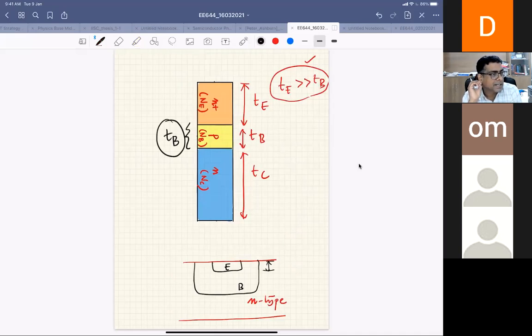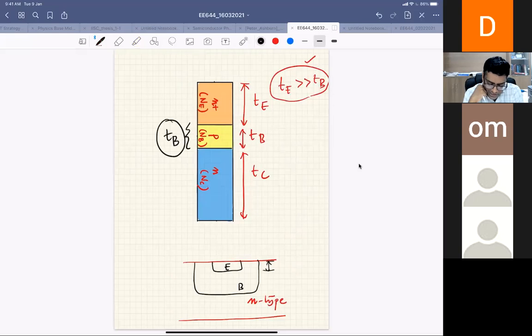If there is a little change in the base thickness, there will be a lot of change in the characteristics, in the Gummel plot. So you want your base thickness to be properly maintained. High energy implantation is difficult to control, so it is difficult to control the depth of the base.